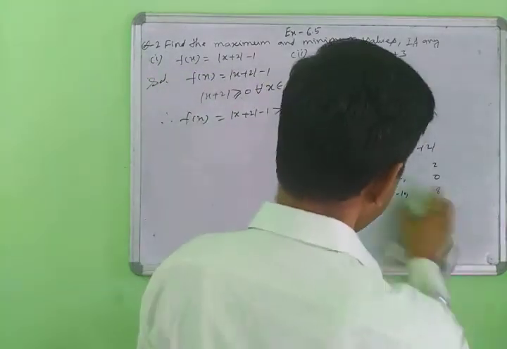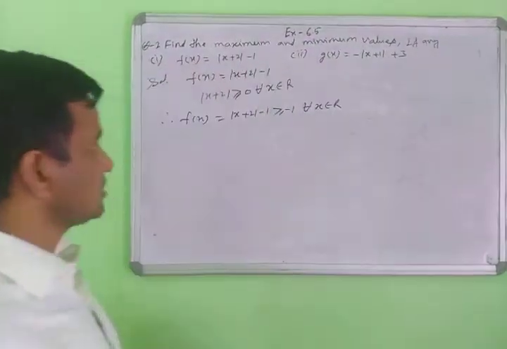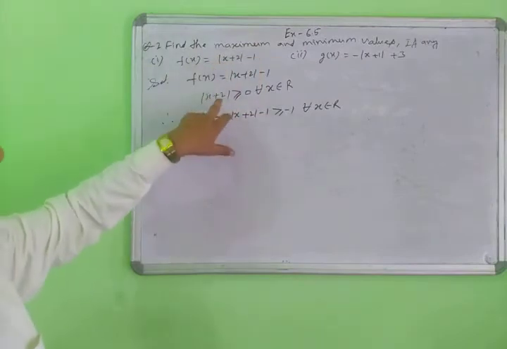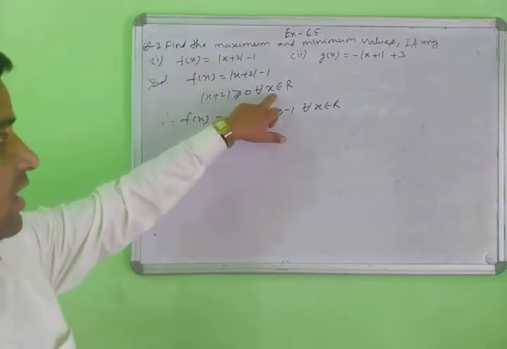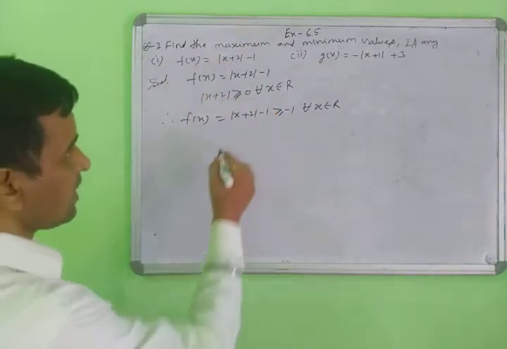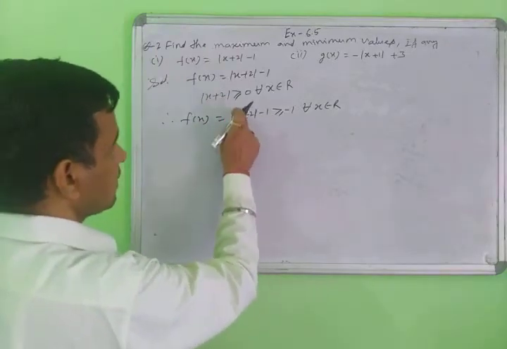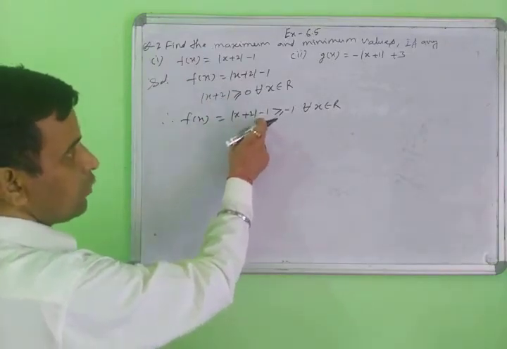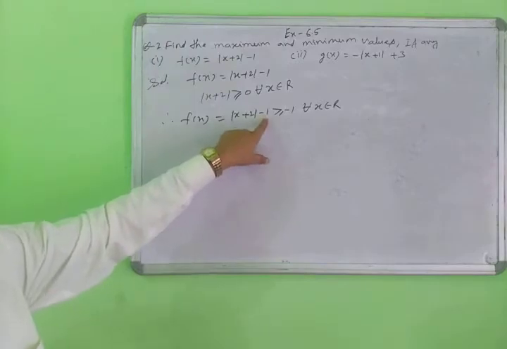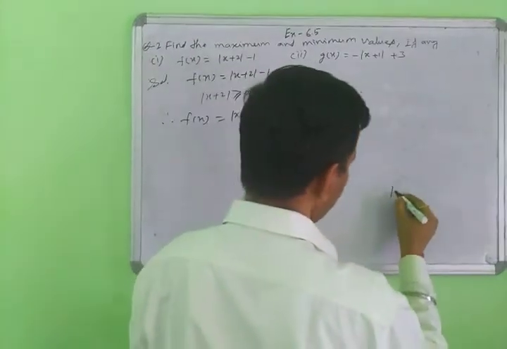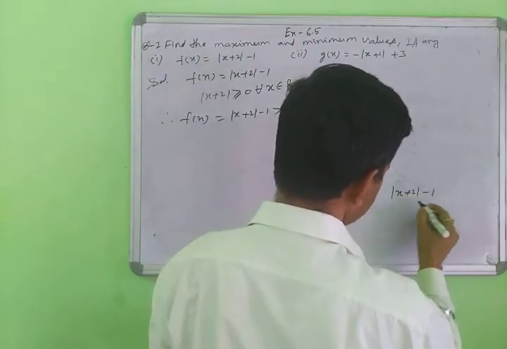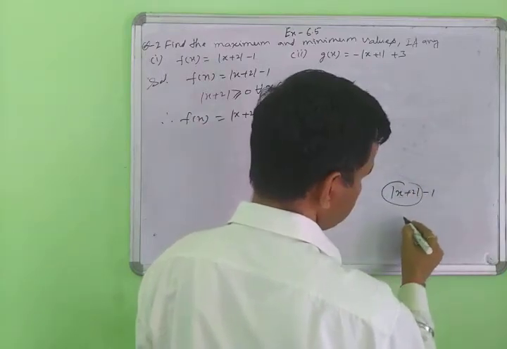How is it possible? Suppose the value of this part is greater than or equal to 0. So what is left here? Minus 1. When modulus x plus 2 minus 1, the value of this part is greater than or equal to 0.